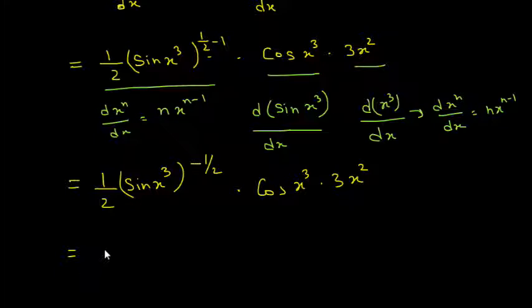Upon simplifying and rearranging, we get 3 by 2 x² cos x³ upon root sine x³. That's it.